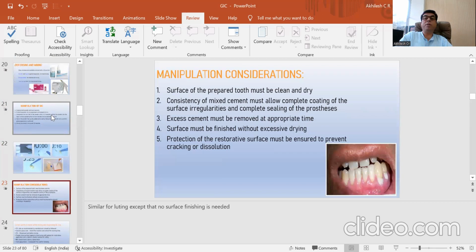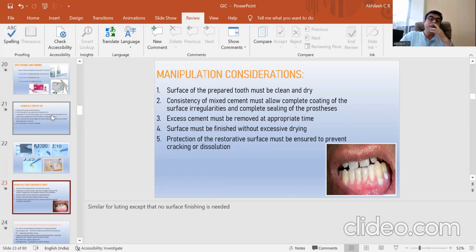Manipulation considerations. Now, the manipulation considerations are: number one, surface of the prepared tooth must be clean and dry. Number two, consistency of the mixed cement must allow coating of the surface irregularities and complete the sealing process.